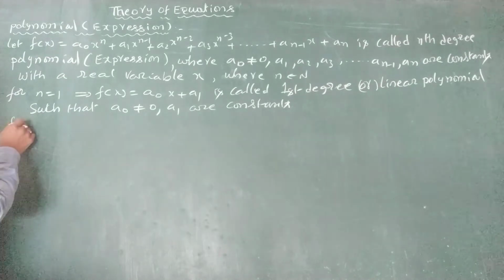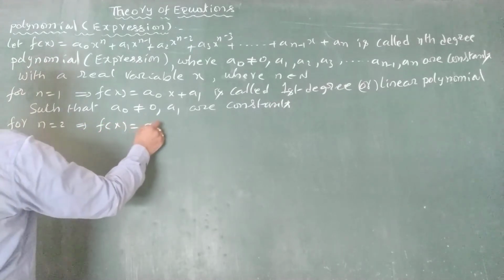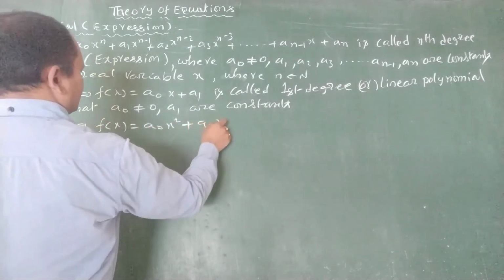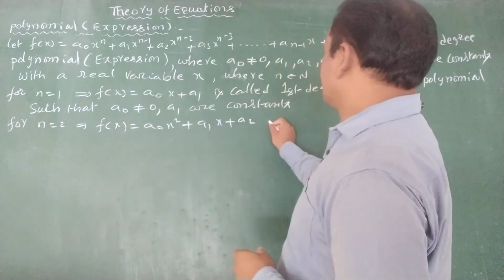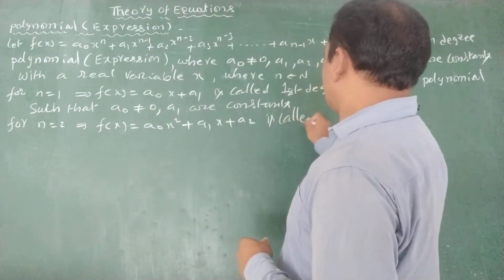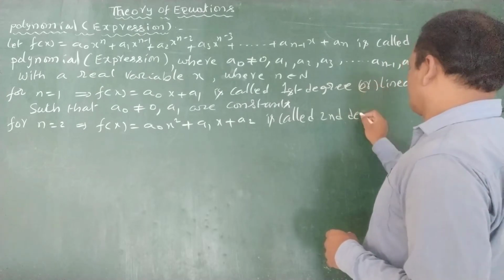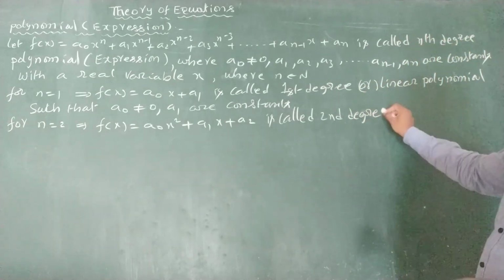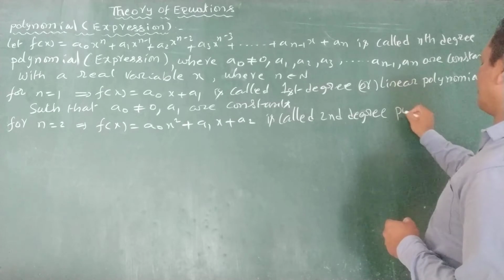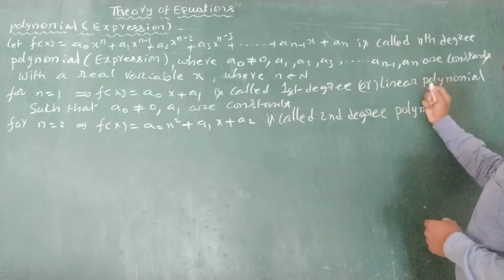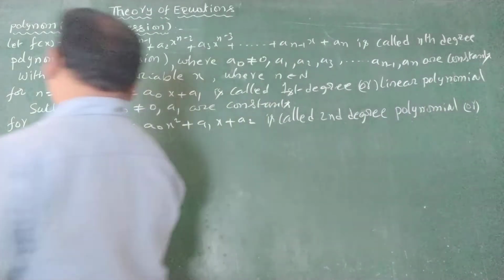Now, for n is equal to 2, f of x is equal to a naught x square plus a1 x plus a2 is called a second degree polynomial or quadratic polynomial.